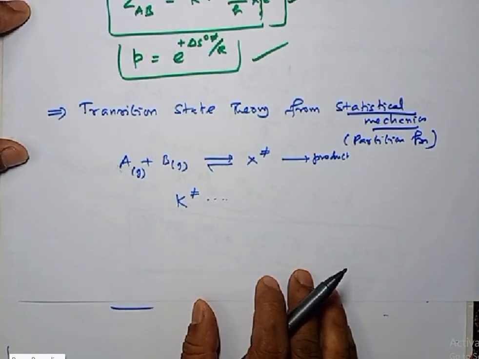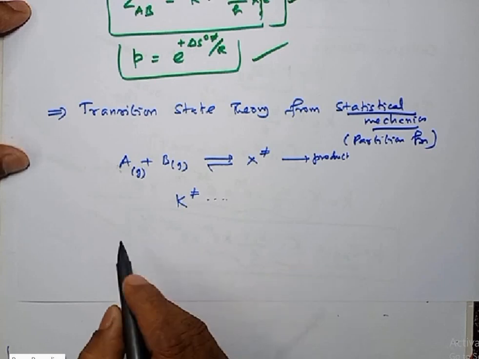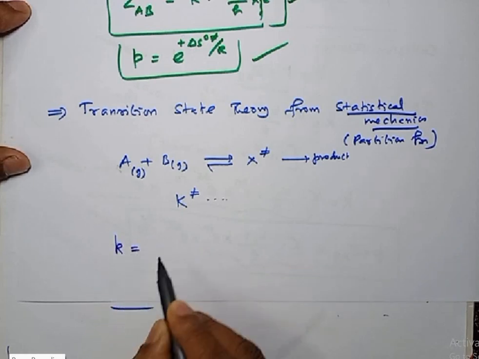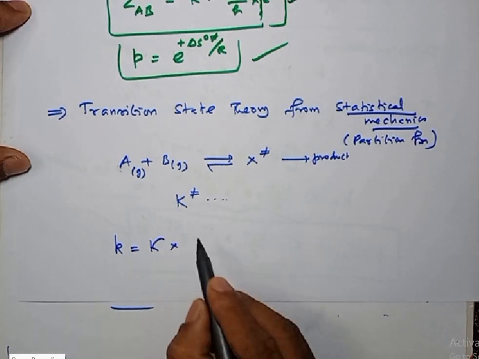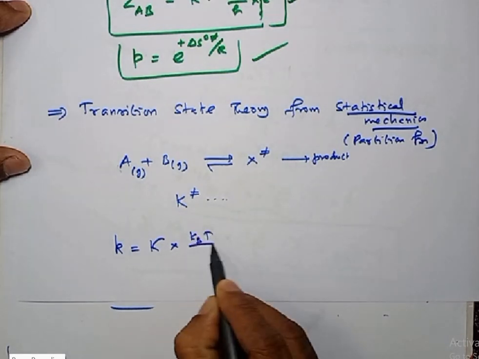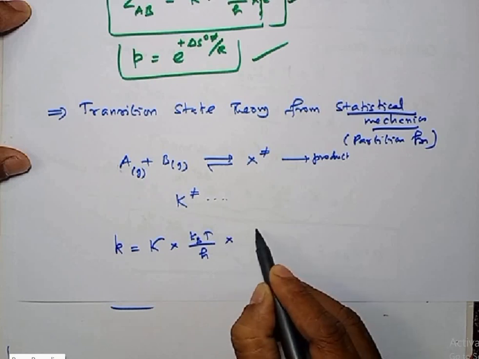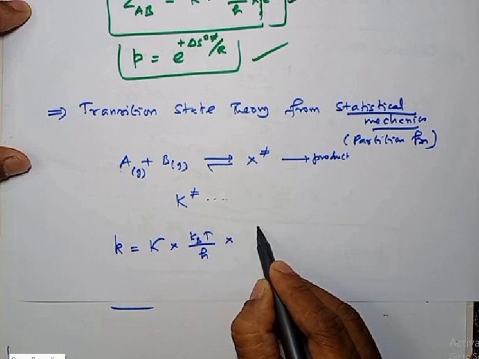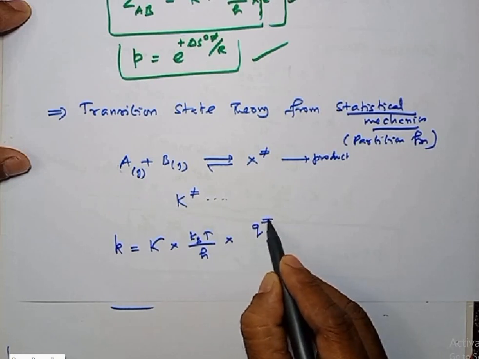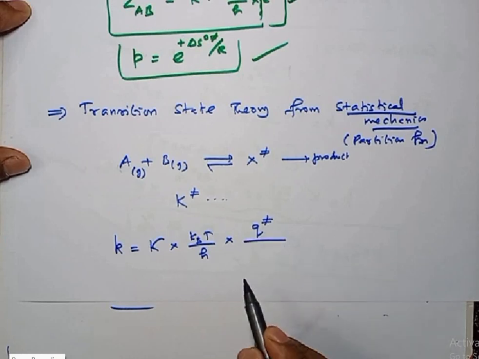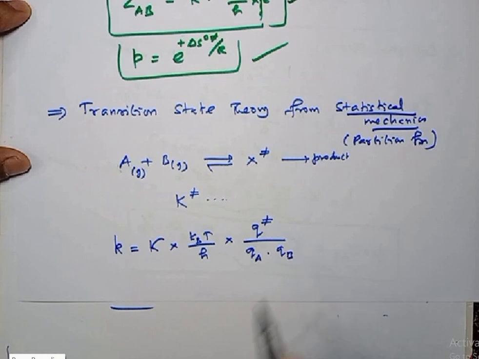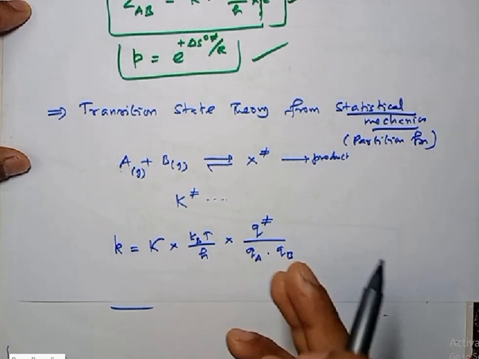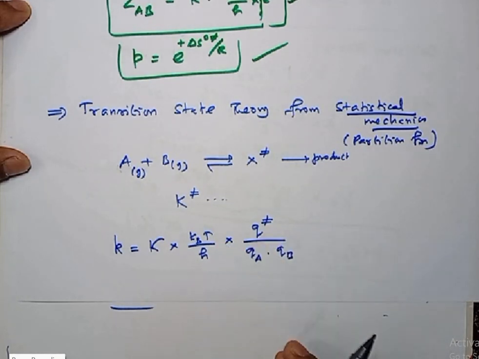What is the final expression? Listen, rate constant k is equal to kappa, where kappa is the transmission coefficient, into kBT by h into the partition function of the activated complex divided by the partition function of molecule A into the partition function of molecule B. These are all actually called total partition function per unit volume.